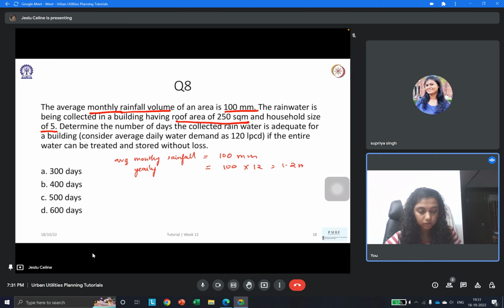Now you also have the roof area, so based on the area we calculate how much rainfall we will be capturing.